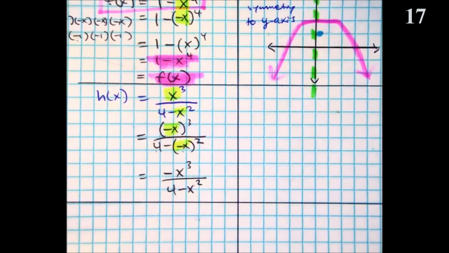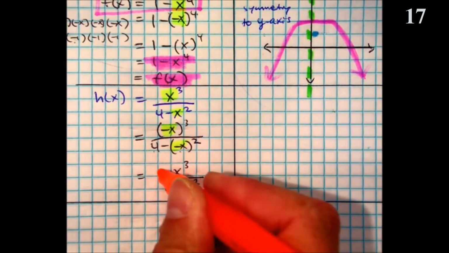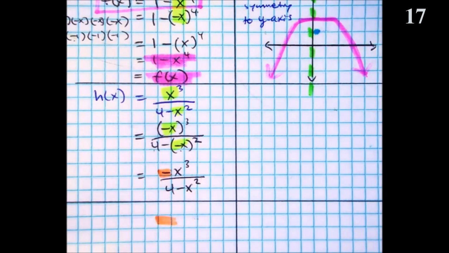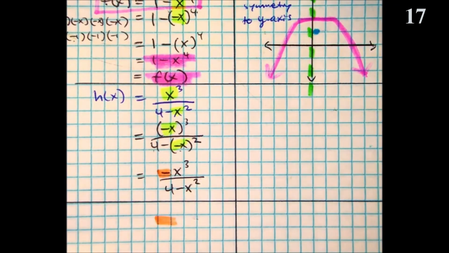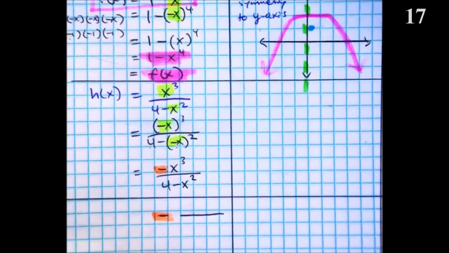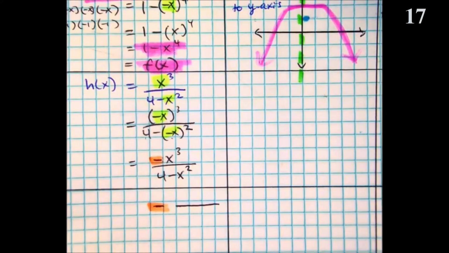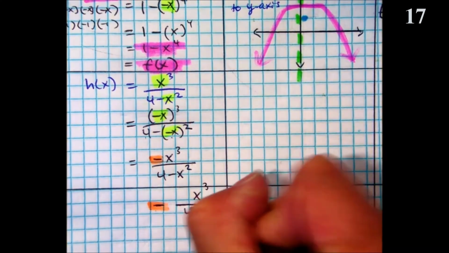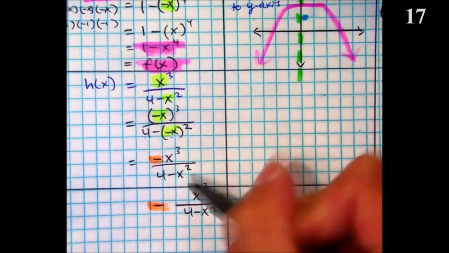I'm going to pull out that negative here. That's a negative 1, yes? Yeah. I'm going to pull that out in front. So this is a big negative sign. It's in line with the fraction line. Numerator, I have x to the third, and then denominator, I have 4 minus x squared.